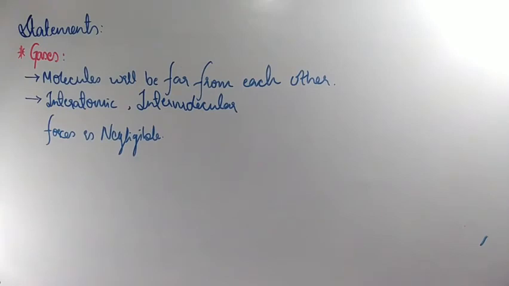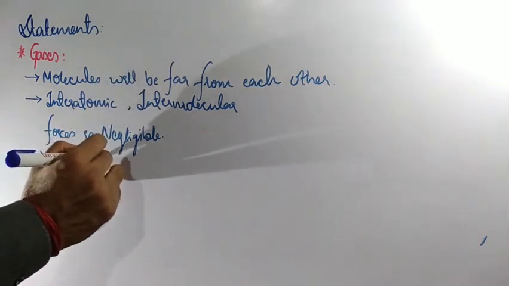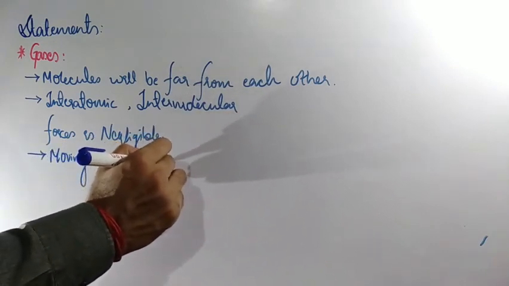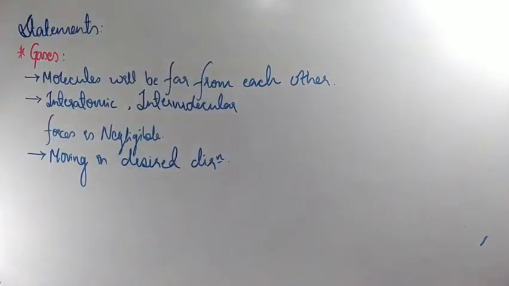Next, these molecules in case of gases will be moving in their desired direction. Clear? These gaseous molecules, first point, they will be far from each other, and as they are far from each other, interatomic or intermolecular forces will be absent over there, value will be almost negligible. Next, these molecules will be having the freedom to move anywhere in the space.